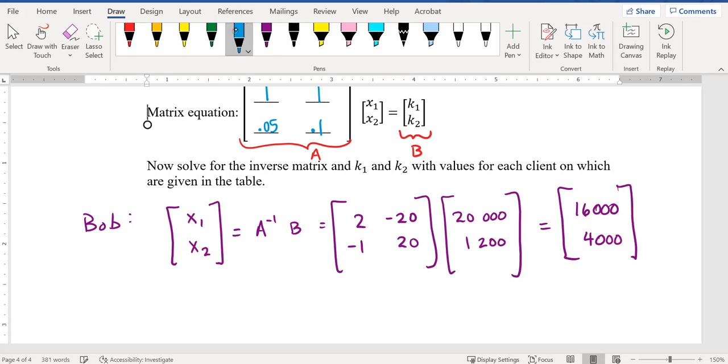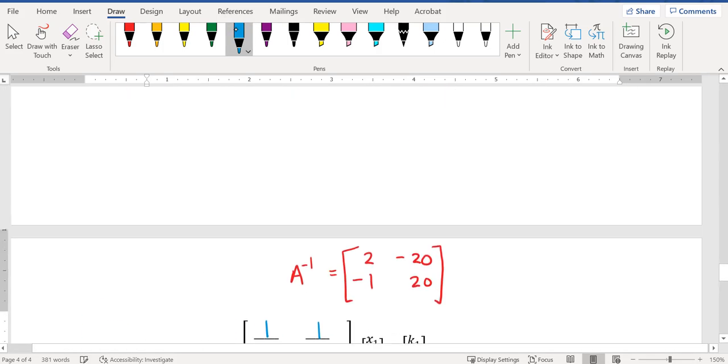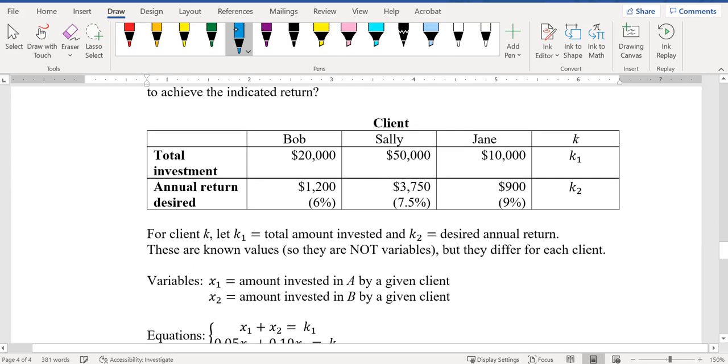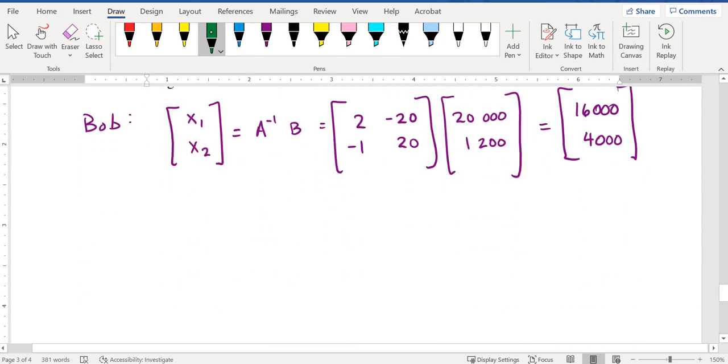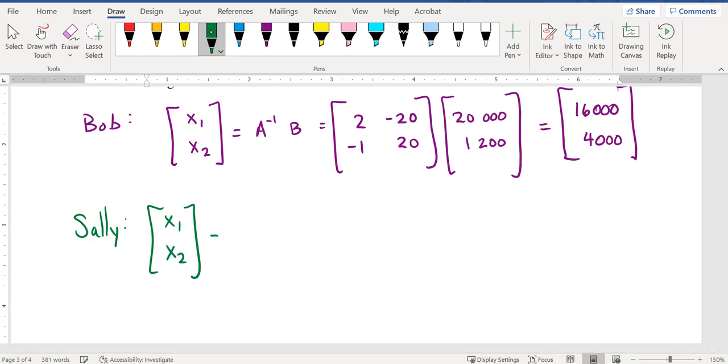All right. Let's do the same thing for Sally. She has 50,000 to invest, and she wants a return of 3,750. So Sally, you're going to solve x1, x2 equals A inverse, which was our 2, negative 20 matrix, times our B, which is 50,000 and then 3,750.